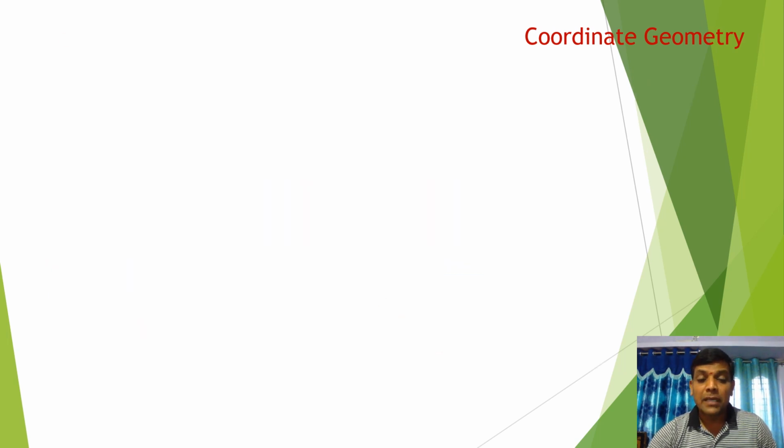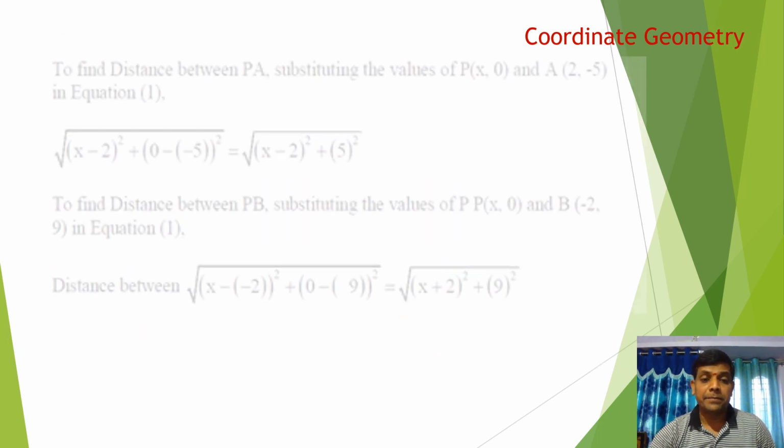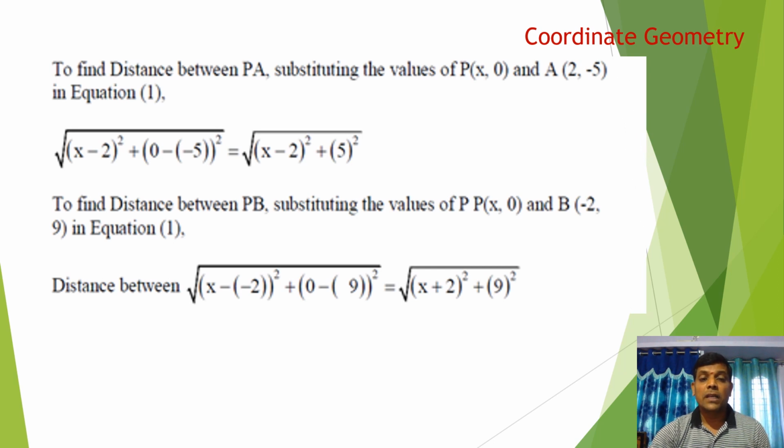Let us find the distance between P and A. Here P is (x, 0) and A is (2, -5). We know that the distance between any 2 points (x1, y1), (x2, y2) is root over (x1 minus x2) whole square plus (y1 minus y2) whole square.